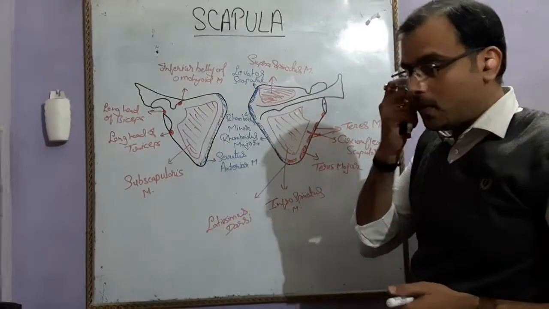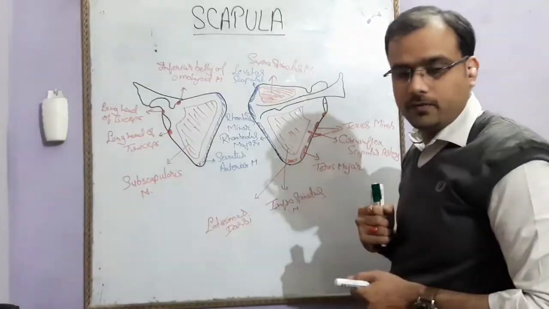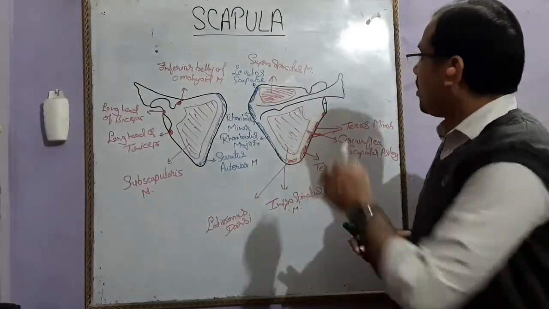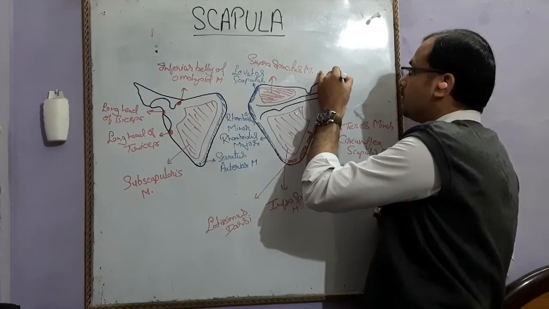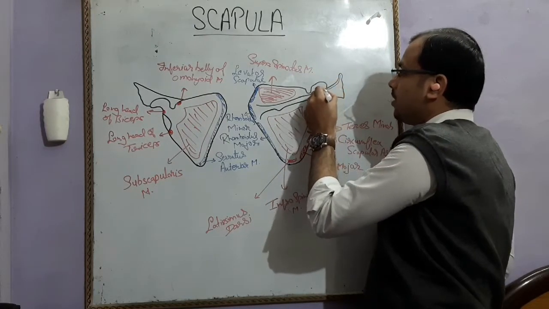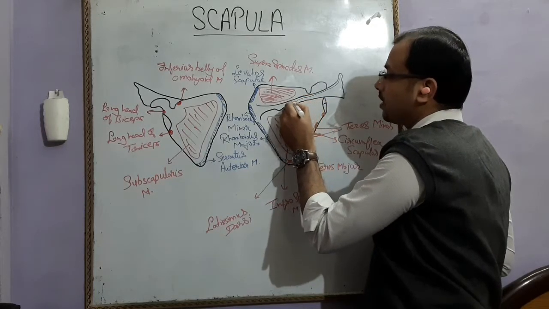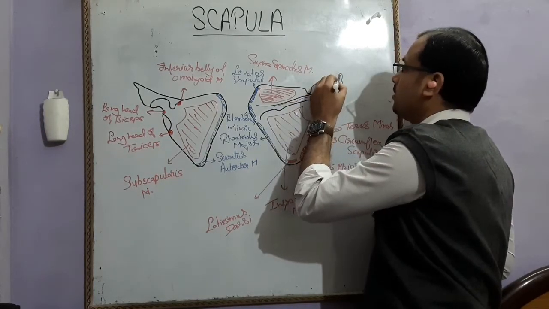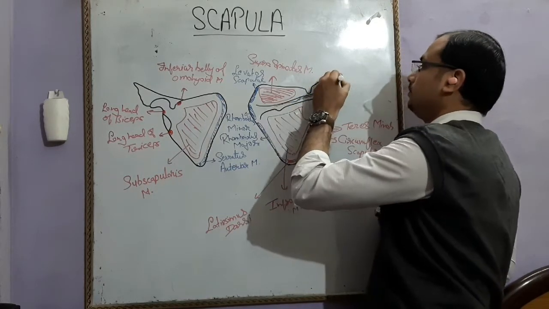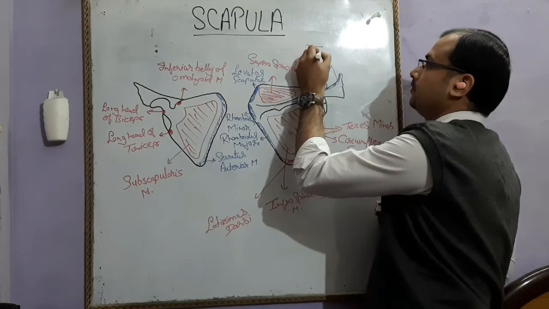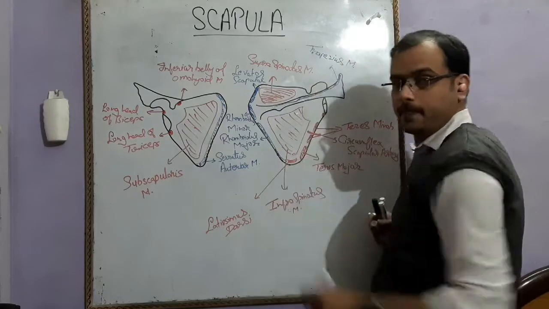Now we will discuss the attachments on the acromion process and the spinous process of the scapula. On the medial border of the acromion process and the upper lip of the spinous process of scapula, here is the insertion of trapezius muscle.